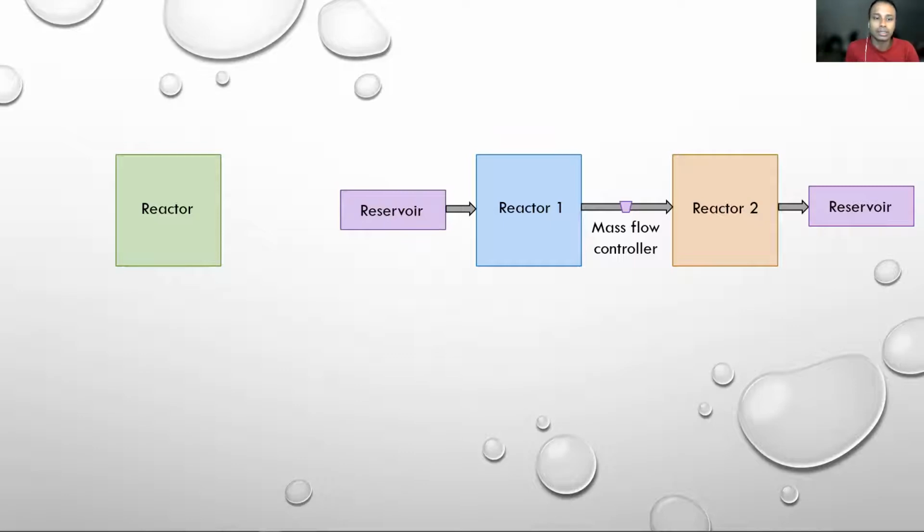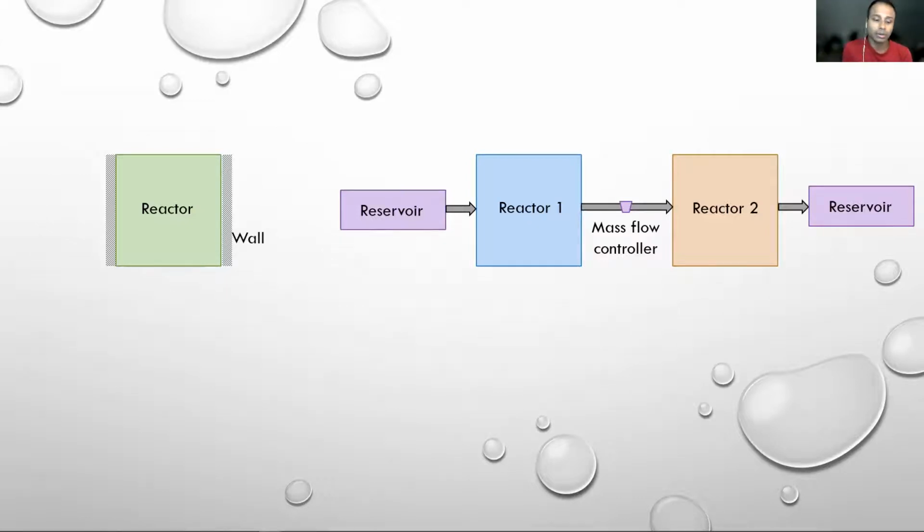In addition to that, we can also have walls. Once the reactions start to take place inside a reactor, obviously the thermodynamic conditions inside start to change. So there will be a change in the temperature, pressure, etc. If any heat is being generated, or if it's an endothermic reaction, then heat will be absorbed.